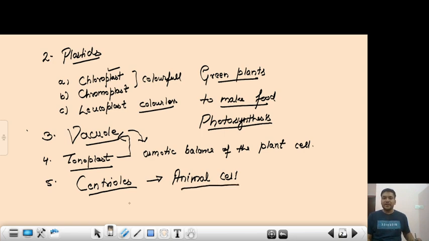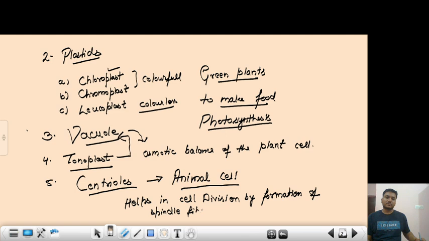And the major function of the centriole is that it helps in cell division by formation of spindle fibers. So these are the basic major five differences between a plant cell and an animal cell.